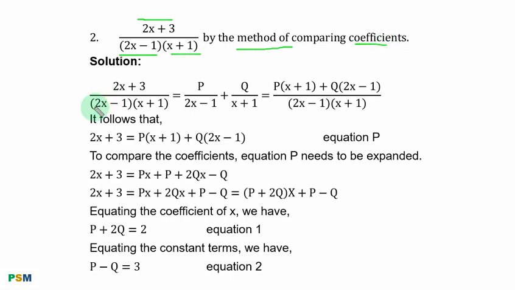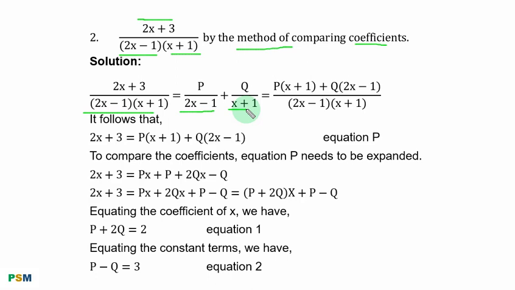Solution: you have the compound fraction, the linear factors are non-repeated, and as such you assign numerators to each one of them. So you have P over the first linear factor plus Q over the second linear factor.